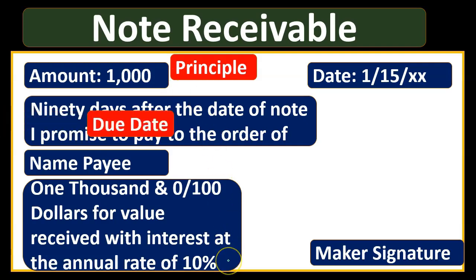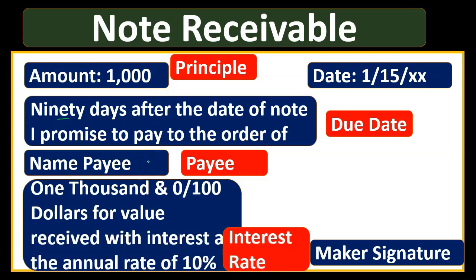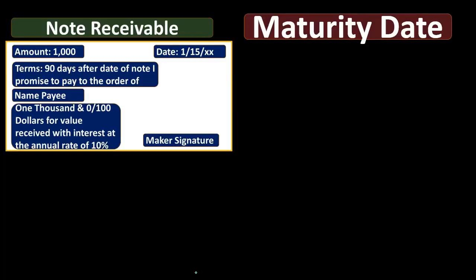Two, the interest. Then we're going to have the due date, which is here, 90 days from the date of the note, which we'll have to figure out, well, when will that actually be? Then we've got the payee, who's going to be paid the $1,000 plus the interest at the end of the time period. We have the interest rate, in this case being 10%, and the maker of the note, the person who signed the note, the person who made the promise for the note.